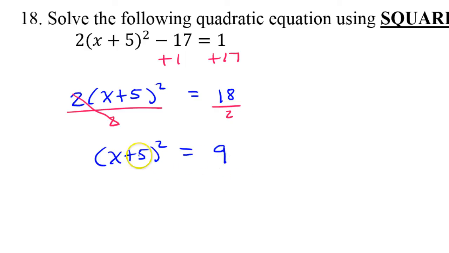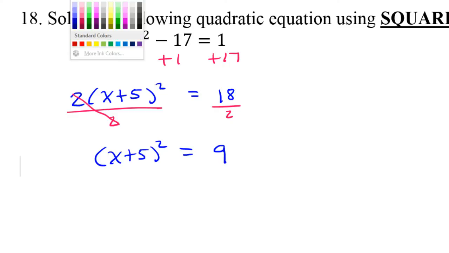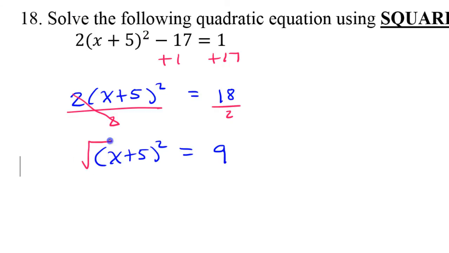Now, we will unsquare this using the square root. Anytime I take the square root of both sides, the solution side is going to be plus or minus. So that's going to give me x plus 5 is equal to plus or minus 3, because that's a perfect square.